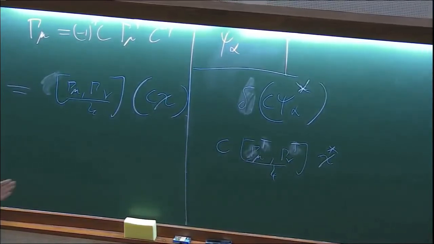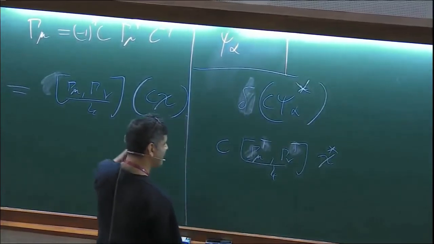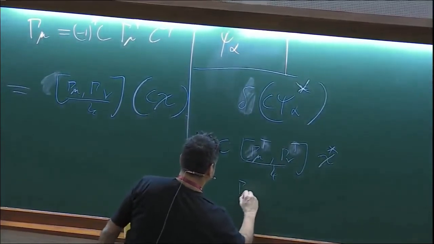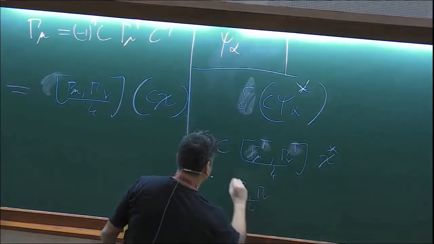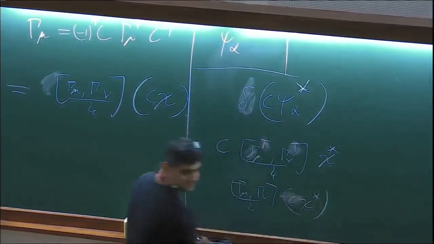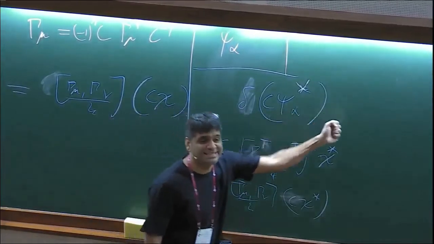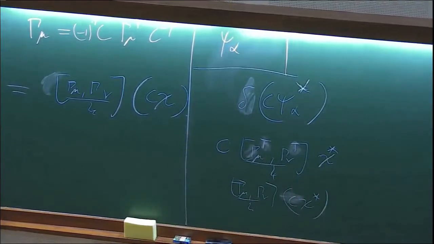And then the rest of the calculation is exact. Now we've reduced it to a solved problem, as mathematicians like to say. So this is the same thing as gamma mu, gamma nu by 4 on C chi star. And so we've demonstrated that C chi star also transforms like a spinor.